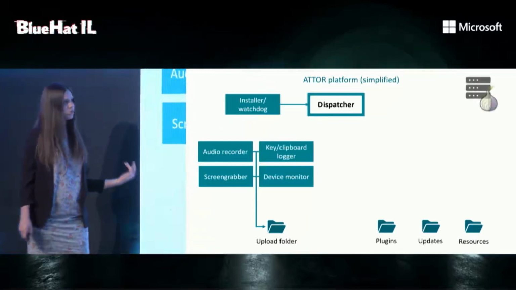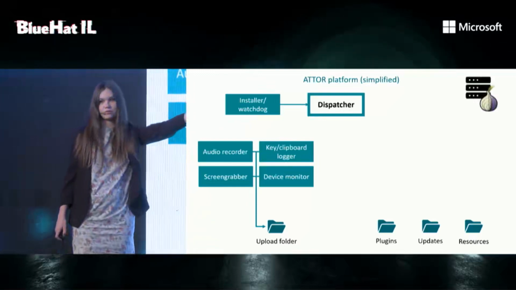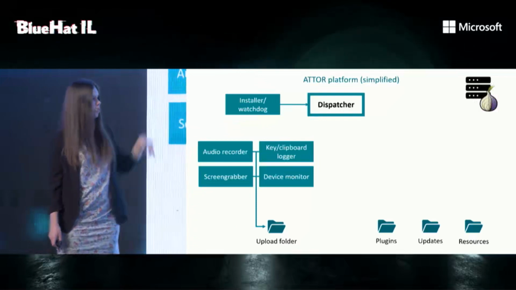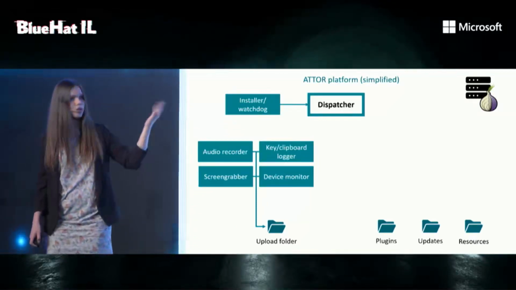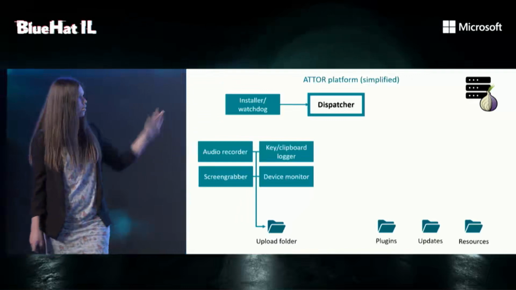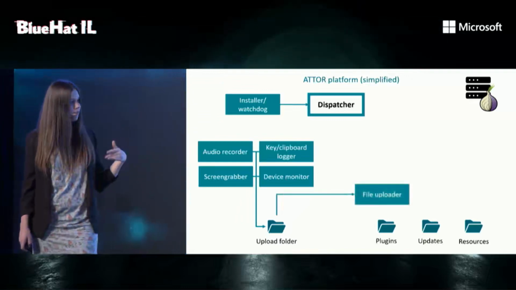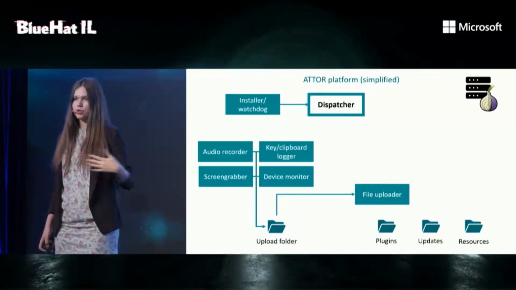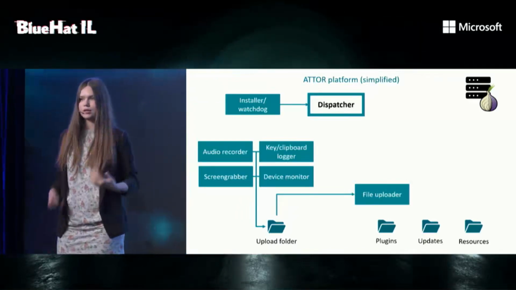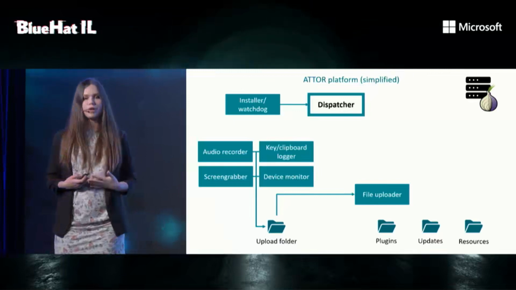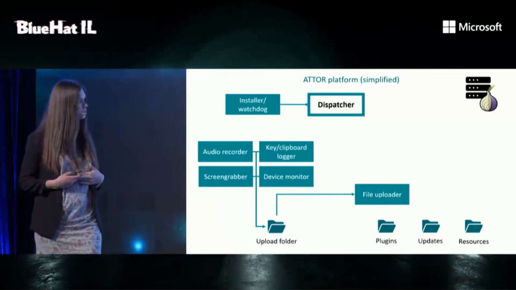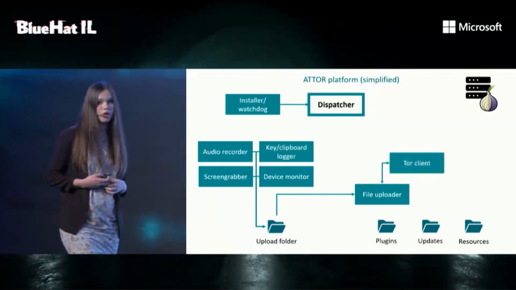And now you may imagine that this information gets ultimately exfiltrated to a CNC server, but this is not done directly because it's a Tor service. So ATTOR is using a series of other plugins to do so. There is a file uploader plugin that would regularly check this upload folder, and if there's any new data, then it prepares the data for exfiltration. Then there is a Tor client plugin.